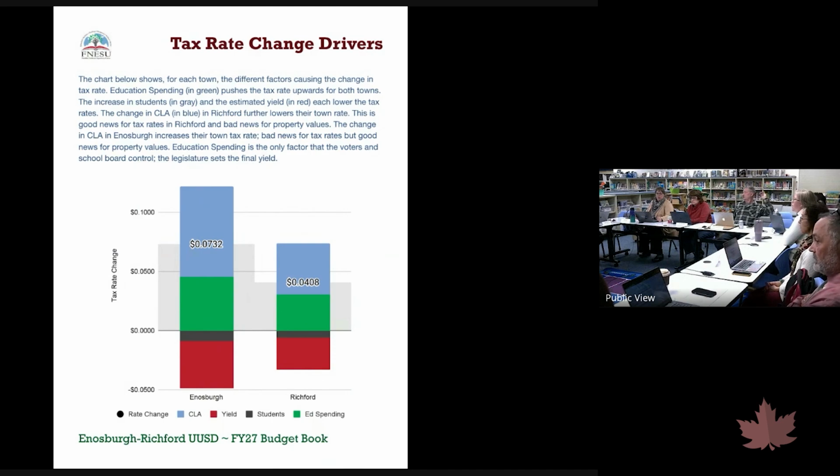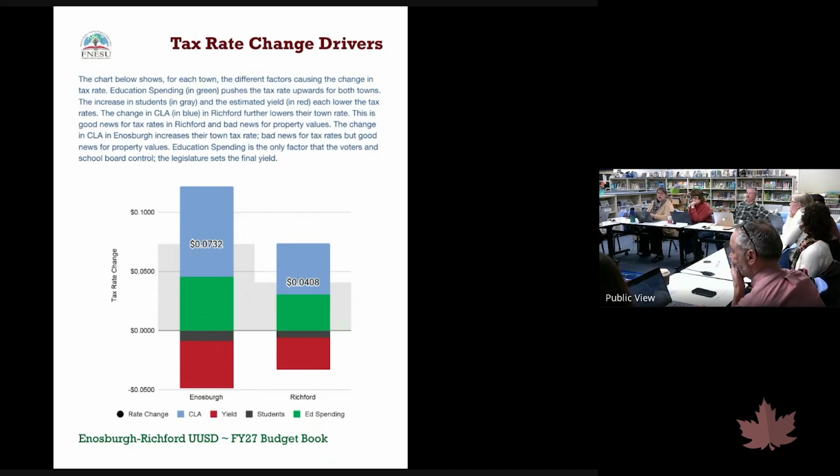Again, the only section that we control is the green, but it's important to note that those sections that are out of our control, the CLA, and certainly the yield, have a much larger impact. So I think this is trying to communicate how Vermont's education funding system works, which feels sometimes like it is a little bit impossible because it's so complex.